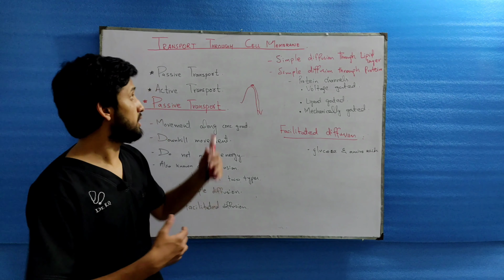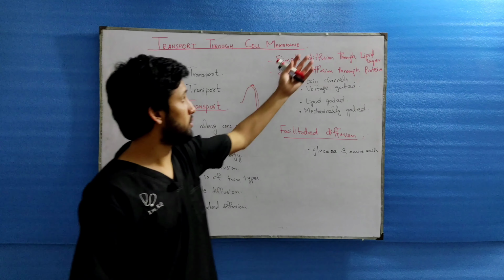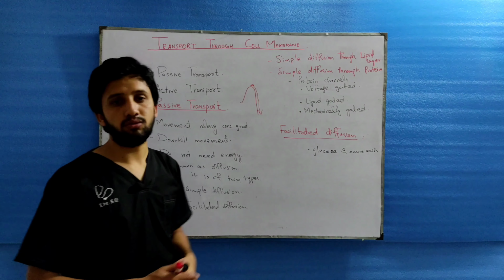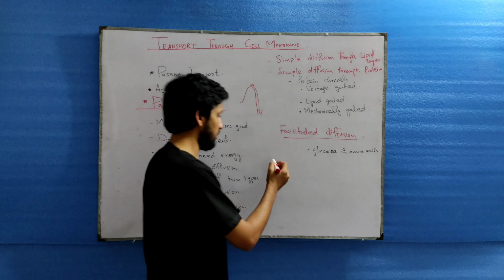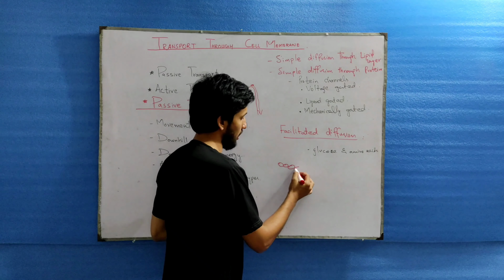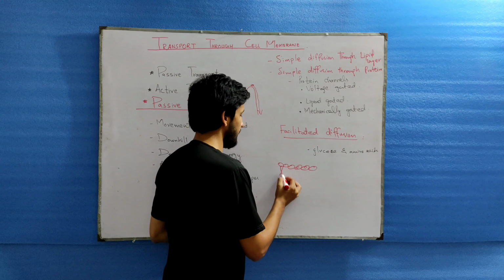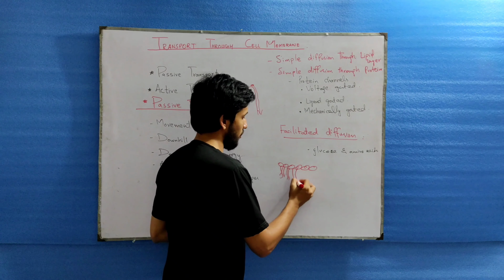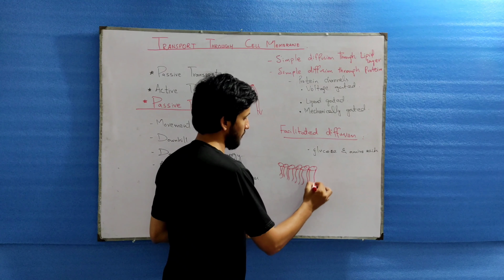Simple diffusion is further classified into simple diffusion through the lipid layer. As we have studied, a lipid layer is like this, head with a tail. We have studied this earlier.